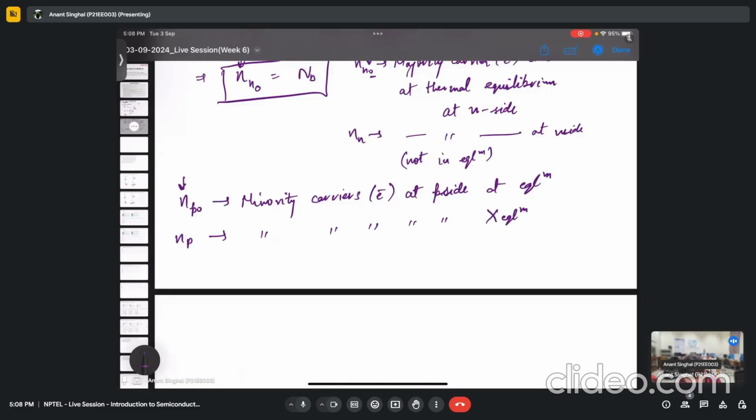I hope you are getting the analogy of what I am trying to write. Similarly, Pp naught will be majority carriers, that are holes, at the p side, and at equilibrium because we are writing a naught. And similarly we can write Pp for not in equilibrium. Then we can write Pn naught, which will be opposite to this Np naught. So Pn naught will be minority carriers.